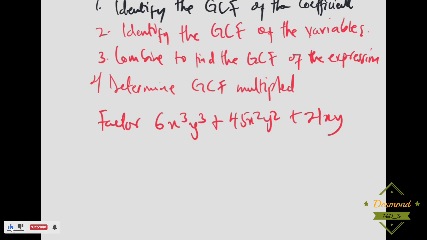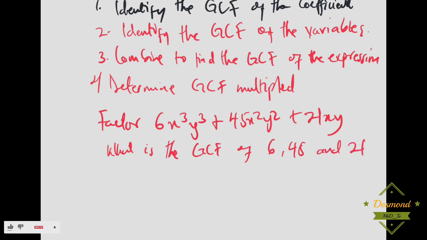So what is the GCF of 6, 45 and 21? When you look at these three numbers, we can see that it's going to be 3.